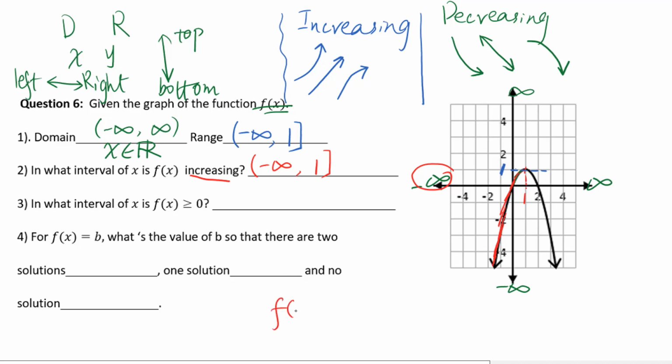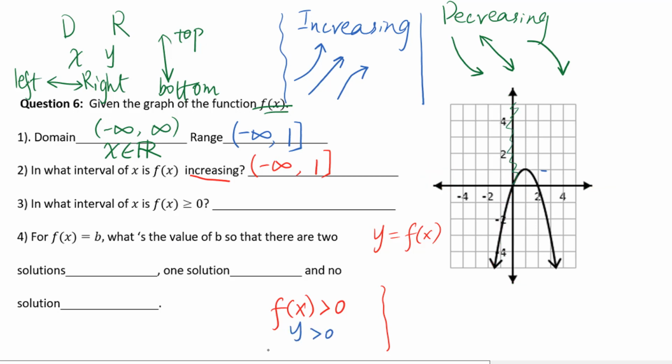What's the meaning for f of x greater than 0? We know y equals f of x. So basically f of x greater than 0 means y greater than 0. The graph is above the x-axis. For f of x less than 0, basically means y less than 0.